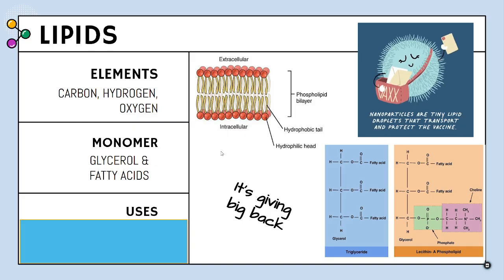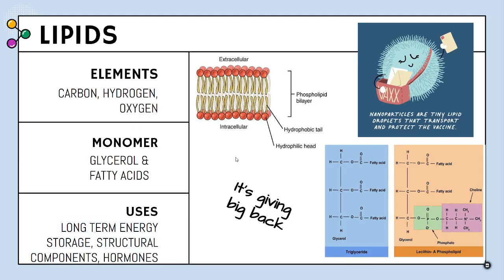Well, it's not a sugar because the monomer, the building block that we are using, is different compared to that of our carbohydrate. Carbohydrates use different types of monosaccharides. In lipids, we're using different types of fatty acids and glycerol. That's another monomer that we can use in the creation of the lipid macromolecule.